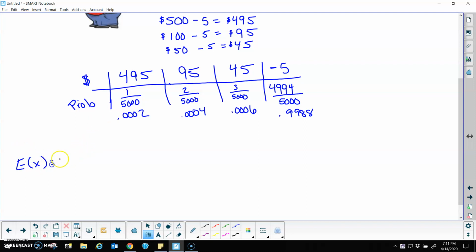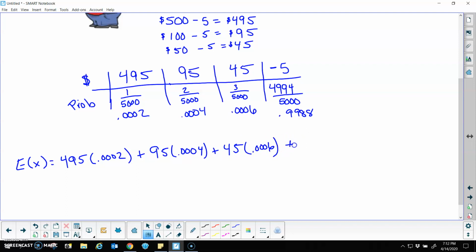It's going to be 495 times 0.0002, plus $95 times 0.0004, plus 45 times 0.0006, and then plus a negative 5 times 0.9988.